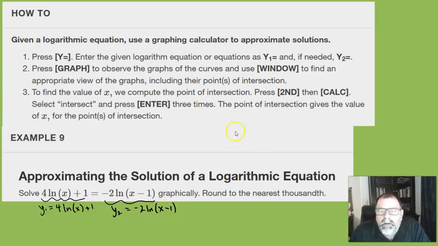These aren't the actual graphs, but if you graph this one, let's say it does something like that, and this one gets flipped upside down. Anyway, we'll figure it out later. You look for the intersection point, and that x value is the solution to this equation.